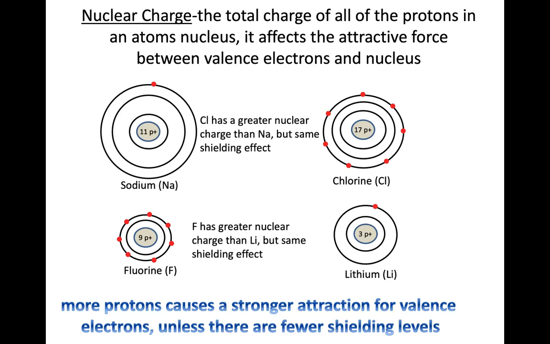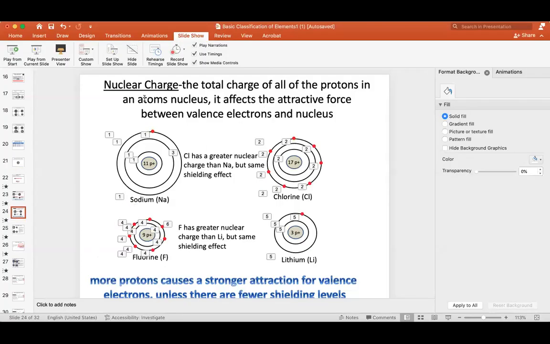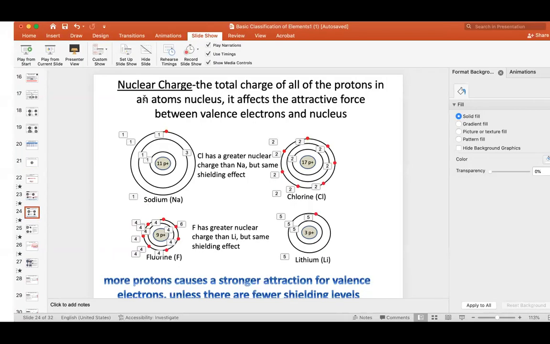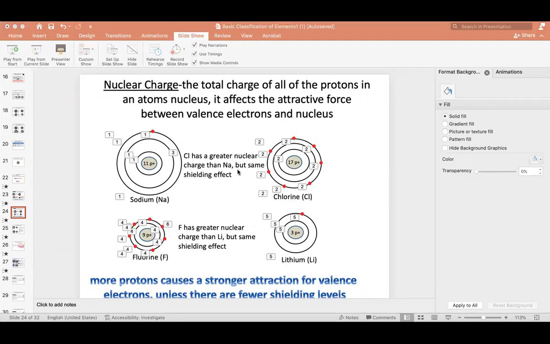So if we were to take a look at how to do this, let's toggle to a new window here. And let's see if we can compare some elements. Let's take a look first at something called nuclear charge. So let's mark up our text box as nuclear charge.